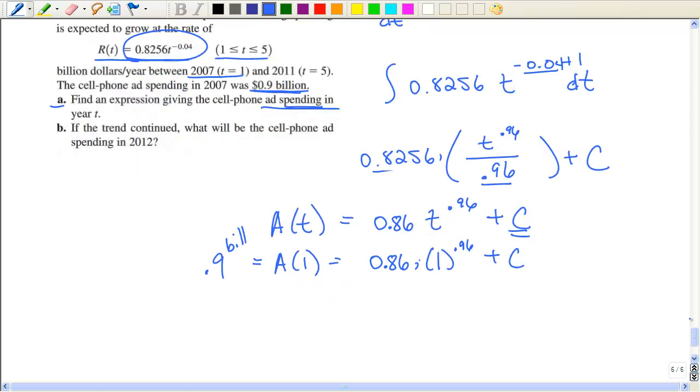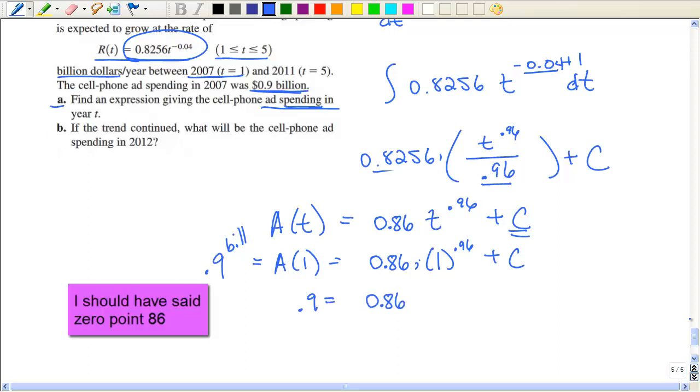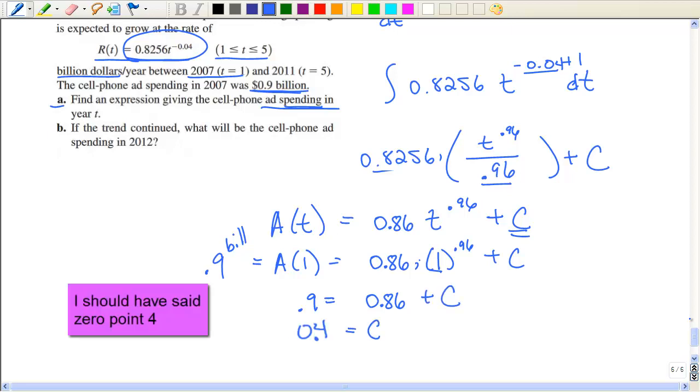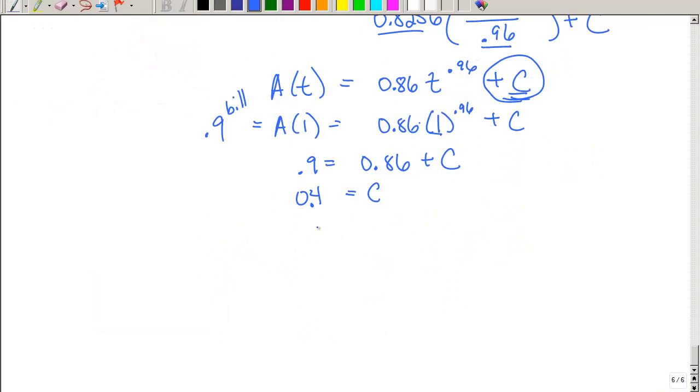Since the function was given in $1 billion a year, I'm not going to put all those zeros. So I have 0.9 equals 0.086 times 1 raised to any power is 1, plus c. Solve for that constant, and that's going to be 0.04. So what that tells you is that your function for ad spending is equal to 0.086t raised to the 0.96 power plus no longer a constant, but 0.04.